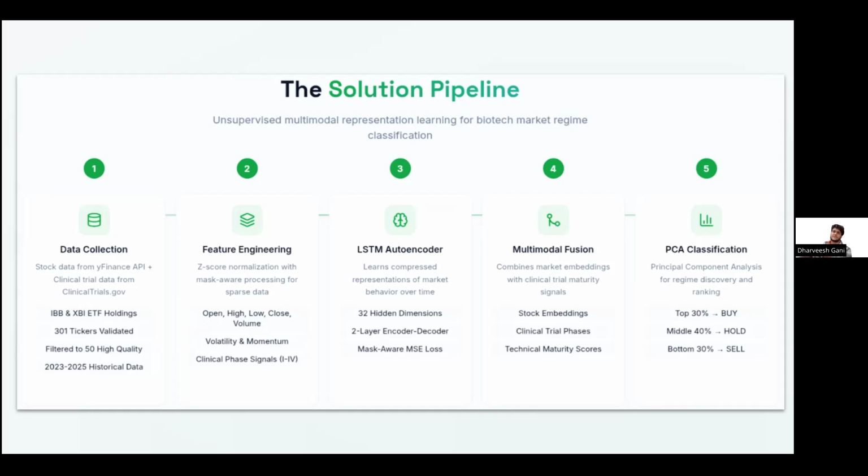We took that because the latest clinical trial data of these companies available on the public clinicaltrials.gov domain was from February 2023, and we wanted the stock features to be aligned temporally with the clinical features. And then we performed feature engineering.